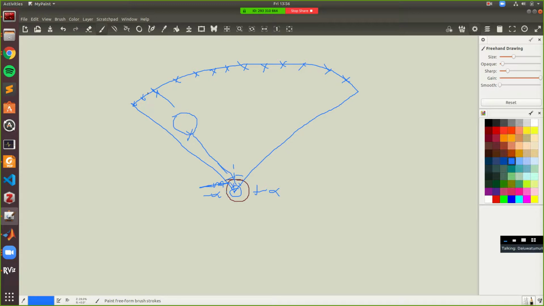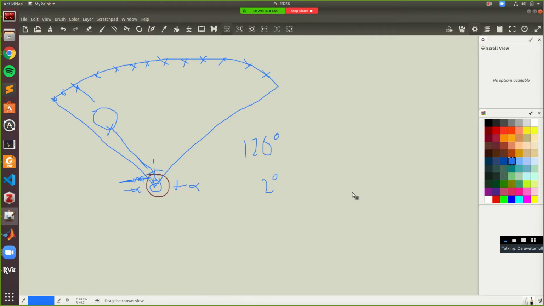So let's say your field of view was 120 degrees. That 120 degrees, let's say, is divided into 2-degree sections. How many points will you get? You will get 60 points.